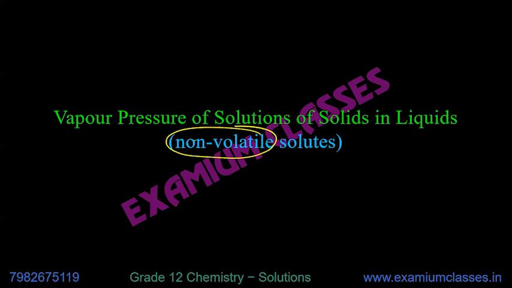Henry's law is different. Henry's law is when some gas is dissolved in the liquid. So the gas is different, not the vapor of the liquid. Understand the difference. In Raoult's law, the vapors are of the same liquids of which we have the mixture. Understand the difference between Henry's law and Raoult's law.